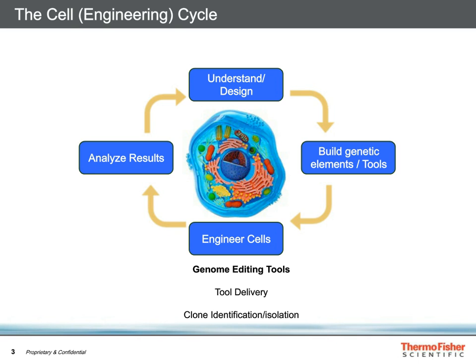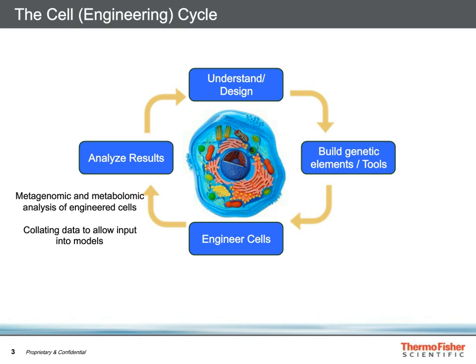And one of the things that I won't touch today, but I think is an area that warrants specific attention, is how are we analyzing what we've done to our cells, right? So we can sequence the genome, we can do metagenomic and metabolomic analysis of these cells, and generate volumes and volumes of data as to what we've done to our particular cells, and the effect of these edits in particular signaling pathways and other systems within the cell.